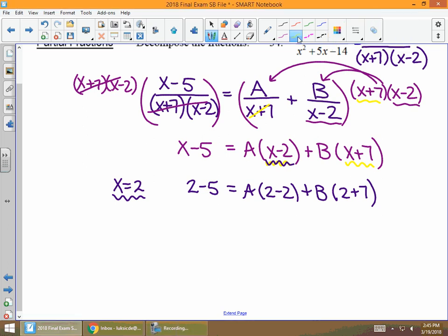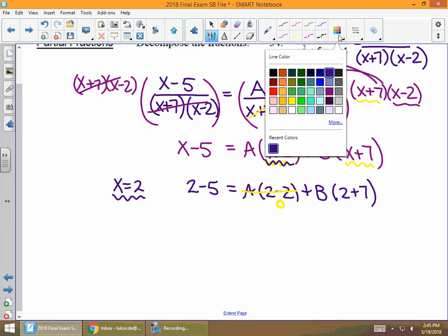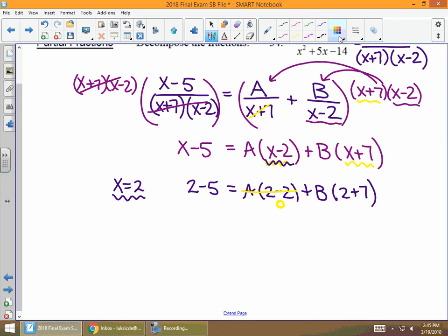This term is going to zero out, so this whole term is gone. 2 minus 5, I have negative 3. 7 plus 2 is 9. So if I divide through by 9, b is negative 1/3.